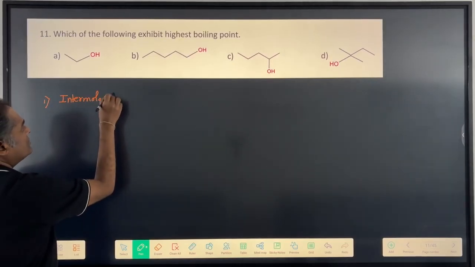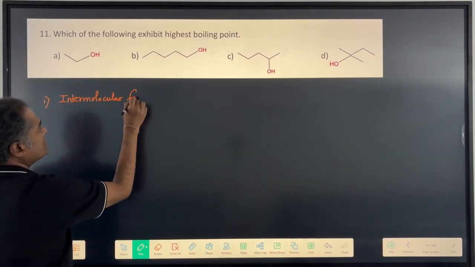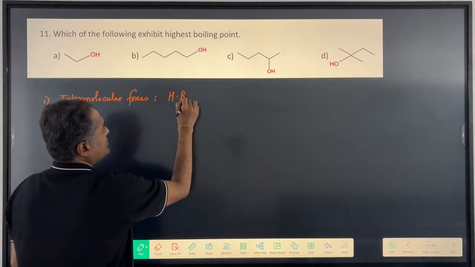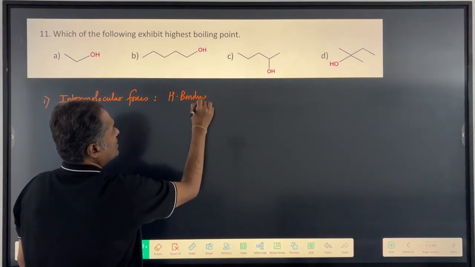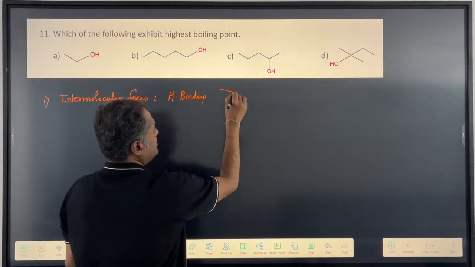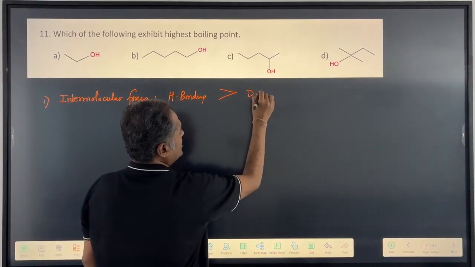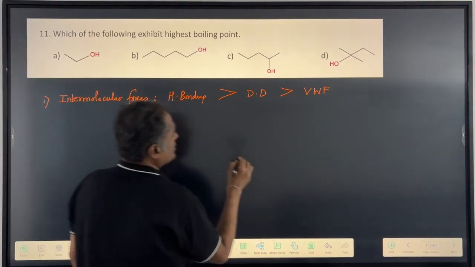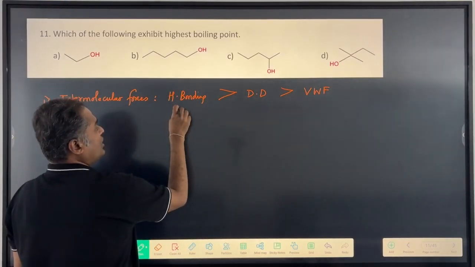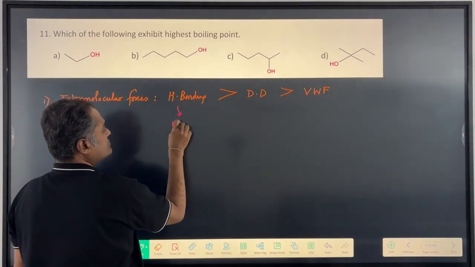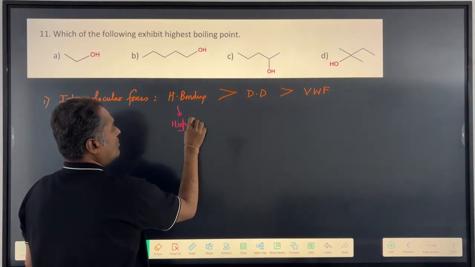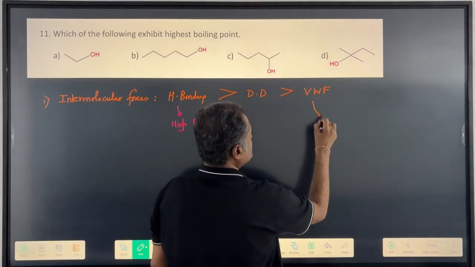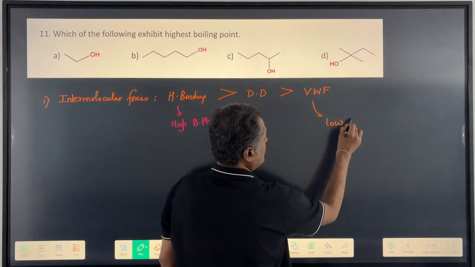The one which will have hydrogen bonding would have a higher boiling point than the one which has a dipole and the one which has van der Waals forces. So, the one with hydrogen bonding will have a higher boiling point, and the one with van der Waals forces will have a lower boiling point.